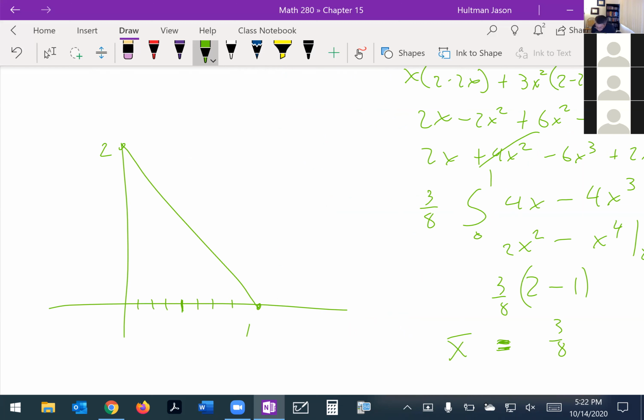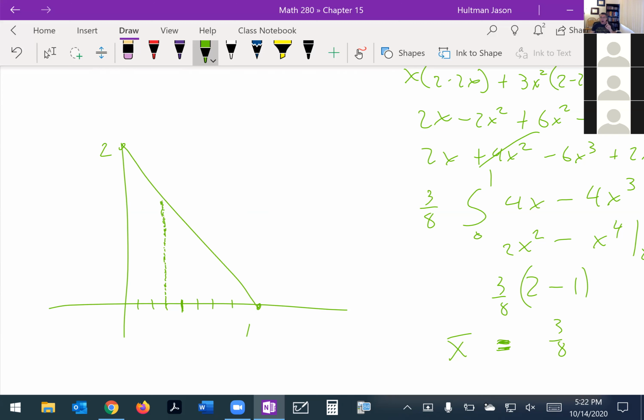If we're to cut this into eighths, we would be at 3/8, right? So somewhere along the x value of 3/8 is going to be my center of mass.